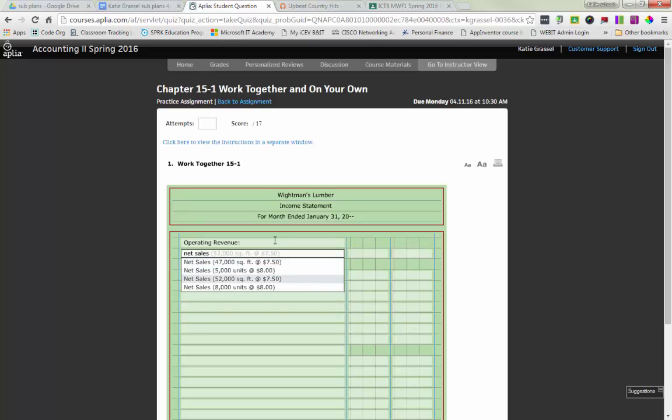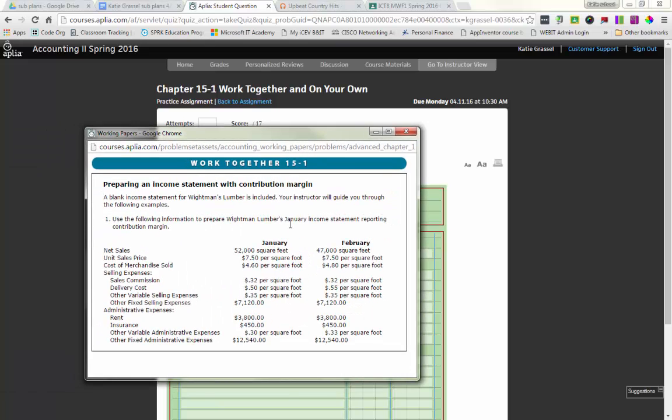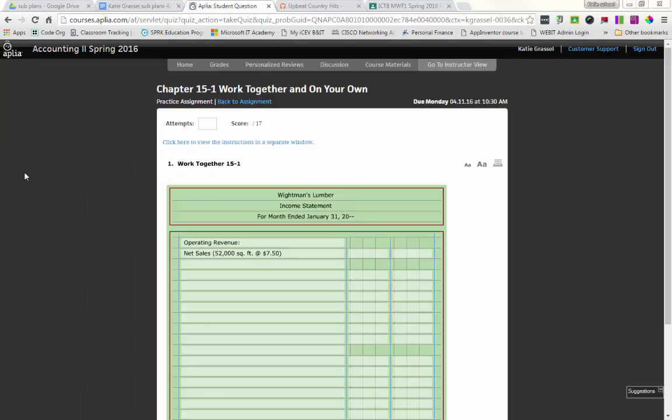And then we have 52,000 square feet, which is going to give us $7.50 per square foot. Again, right here, here's our net sales, 52,000. Net sales price, $7.50 per square foot. Again, we're a lumber yard, so we're going to be measuring it per square foot.